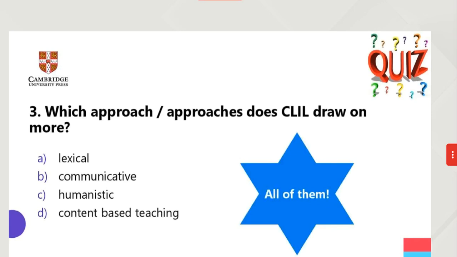But both content and language are explored in a CLIL lesson. So a CLIL approach also aims to guide language and therefore includes aspects of lexical, communicative and humanistic approaches from ELT. So it uses and incorporates all of these approaches in the lesson.